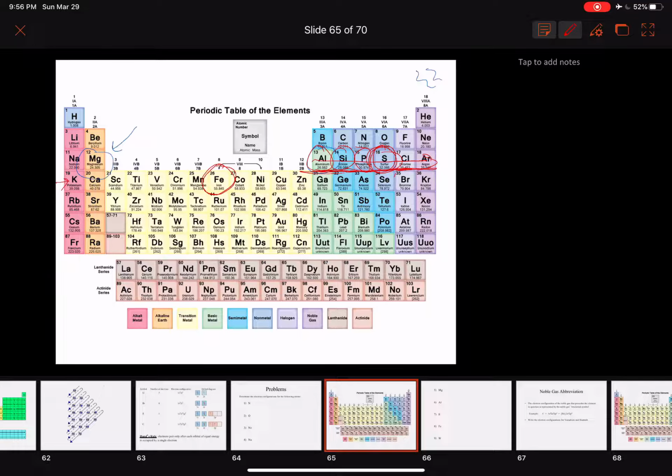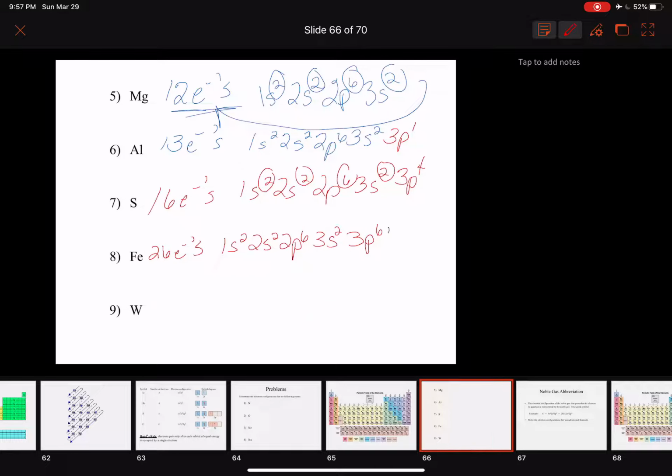Now there's a strange anomaly here, because after the 3p's are filled, when you have 3p6, you're going to go down over here and you're going to put 2 electrons in the 4s. So what we'll have next is 4s2 right there.